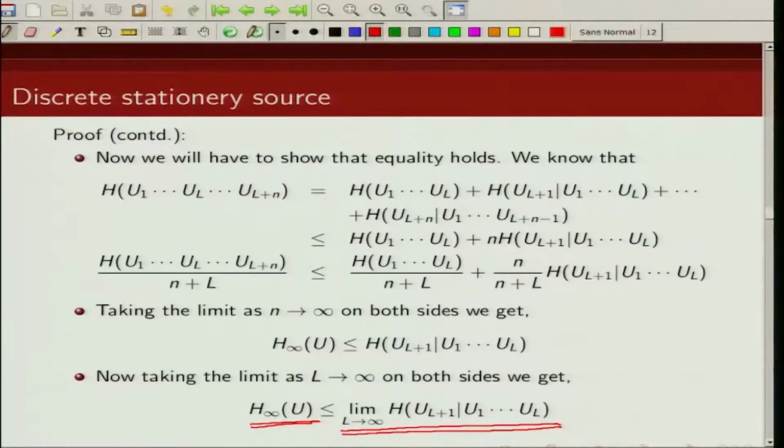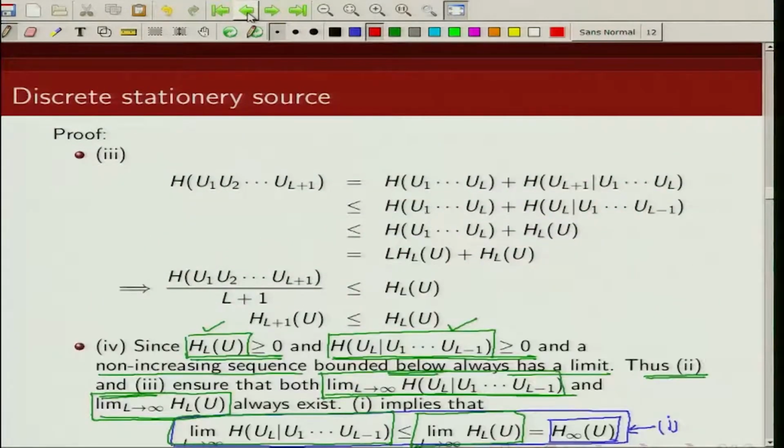So note now, here we have proved that uncertainty per letter is less than or equal to this uncertainty in UL plus 1 given U1, U2, up to UL when L goes to infinity, whereas here we have proved that it's the other way around. Okay.